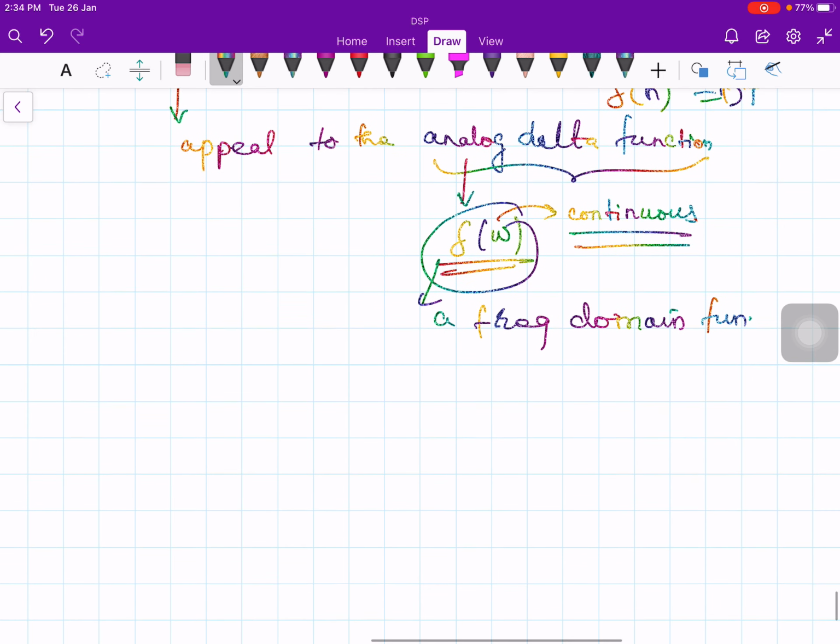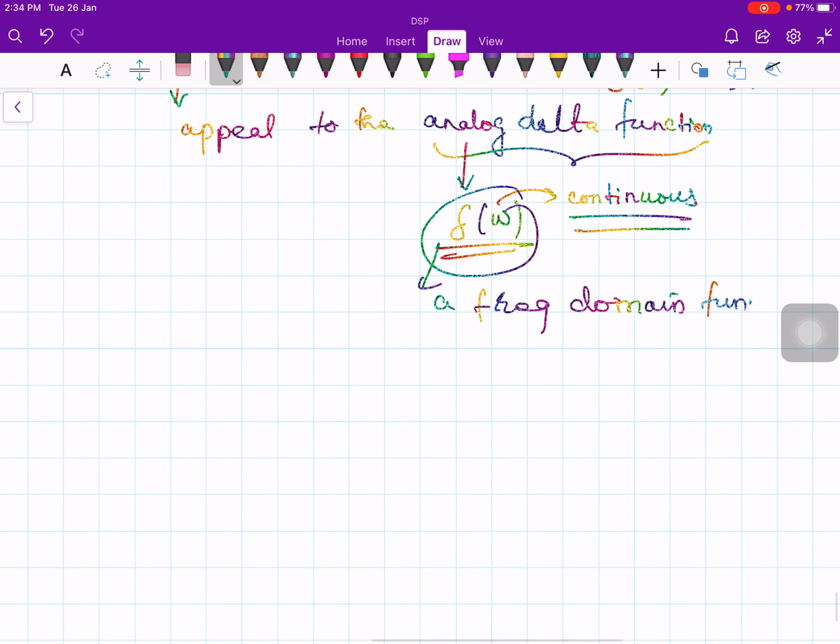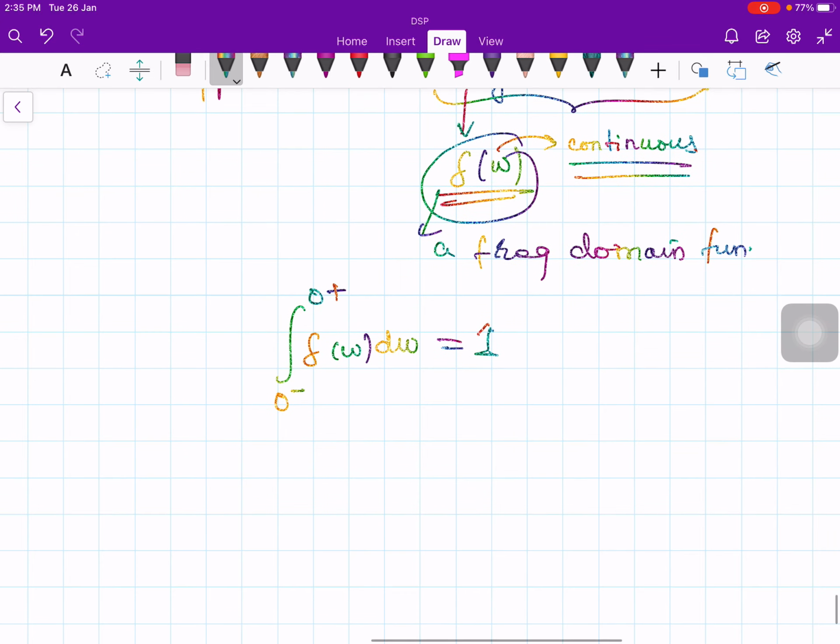And as you know, the analog delta function is defined by the integral of del of omega times d omega equal to 1, and the range is 0 minus to 0 plus. So del of omega is nothing but the limit of a pulse whose duration is delta.